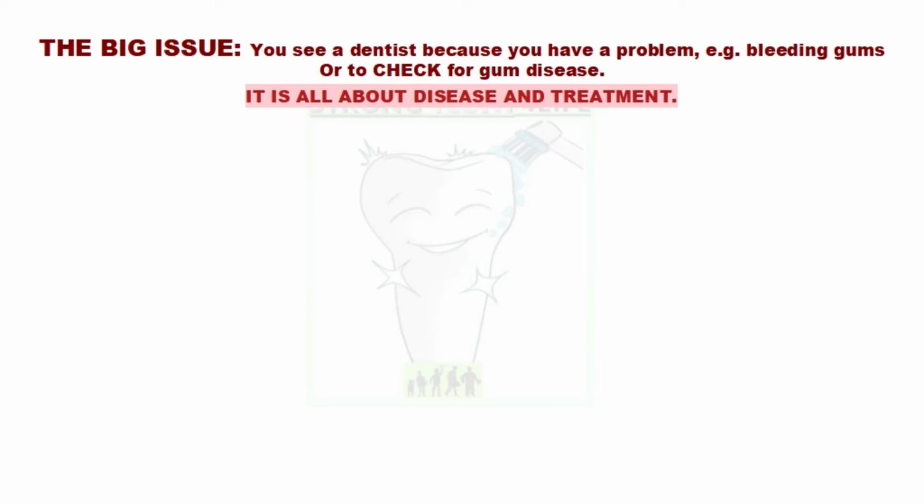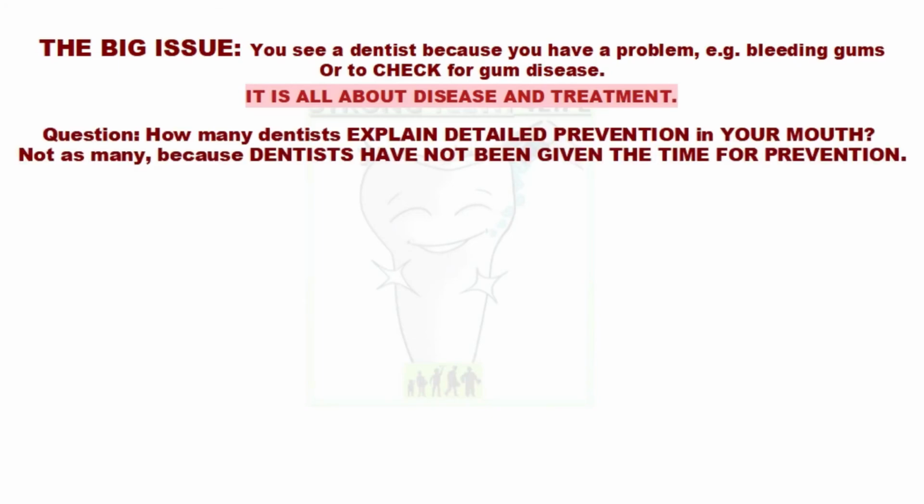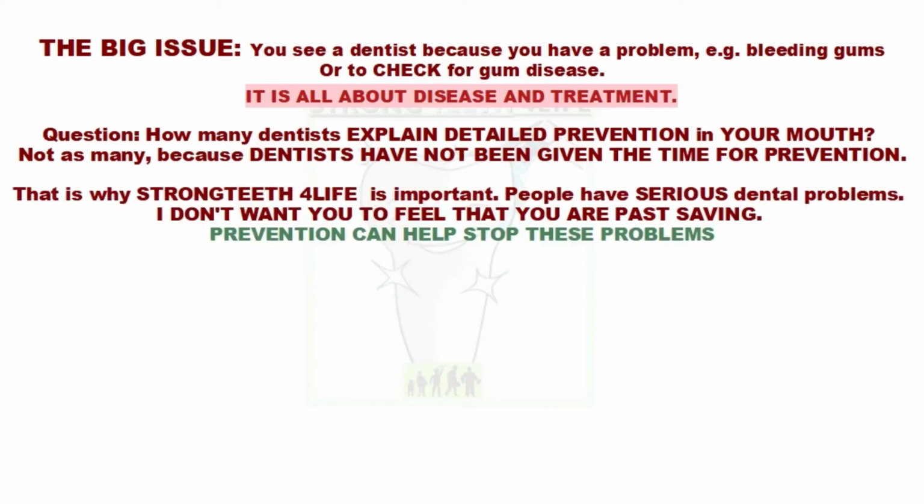It's all about disease and treatment. So the question is, how many dentists explain detailed prevention in your mouth? Not as many, because dentists have not been given the time for prevention. So that is why Strong Teeth for Life is important.